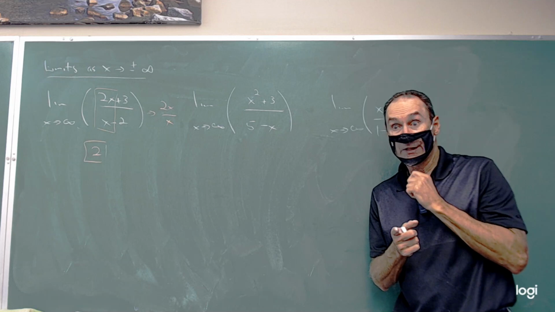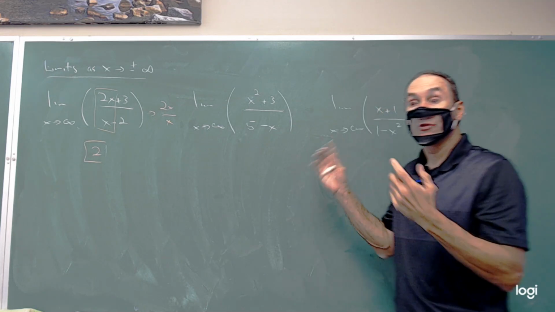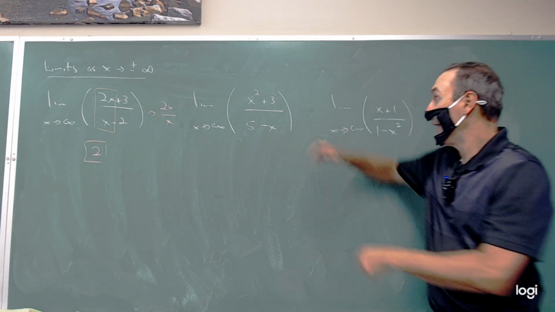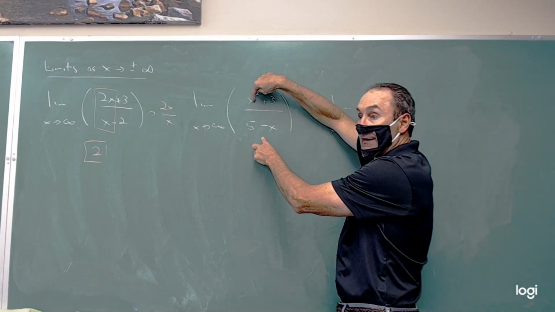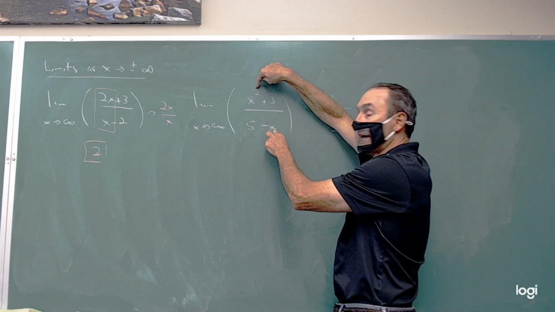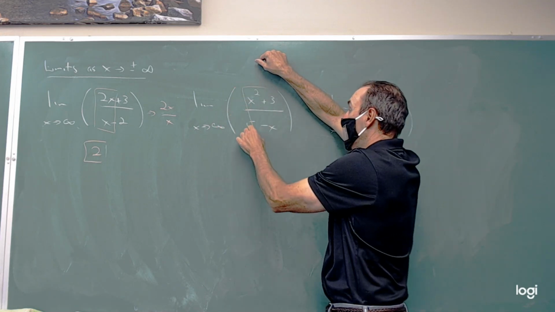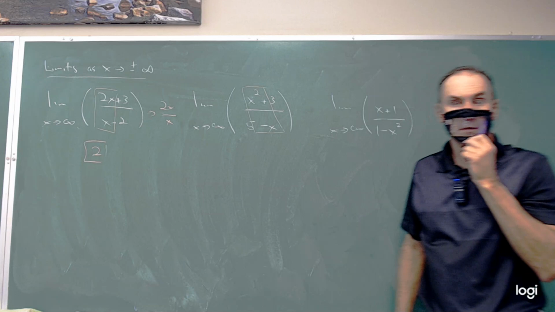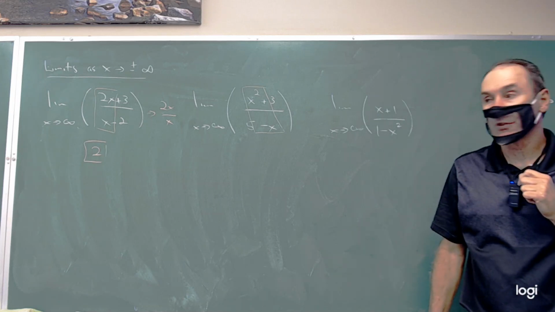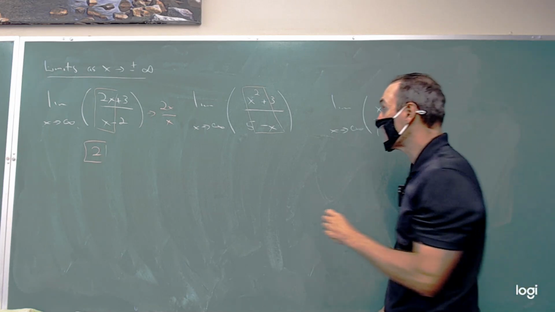Does that make sense how we did that? We use that strategy in the others as well. As x gets really, really big, x squared gets huge, this x is getting big, and the 3 and the 5 are insignificant. So we overlook the others and just focus on the highest powers of x and their coefficients.